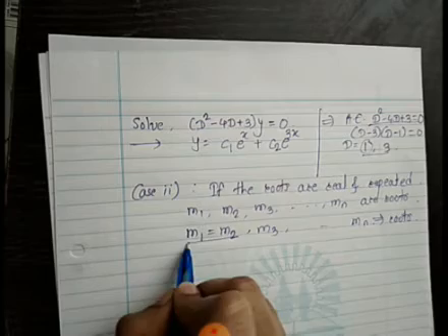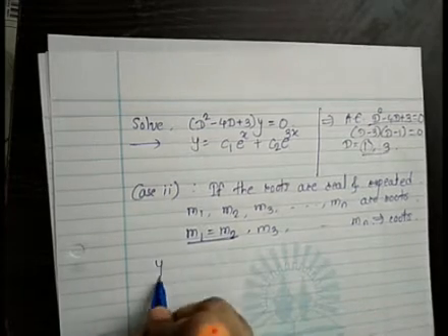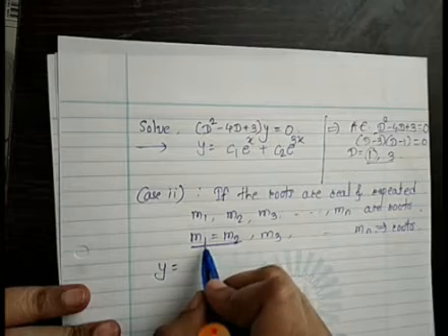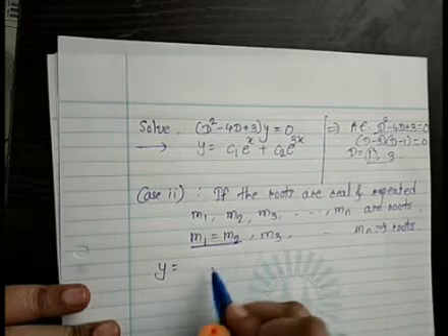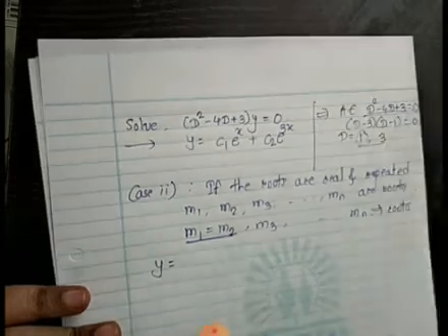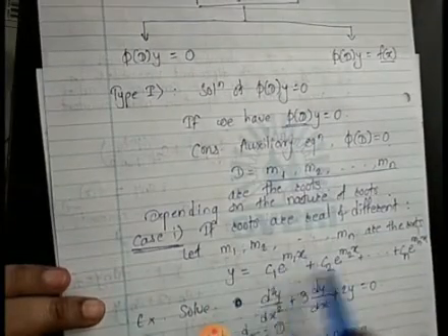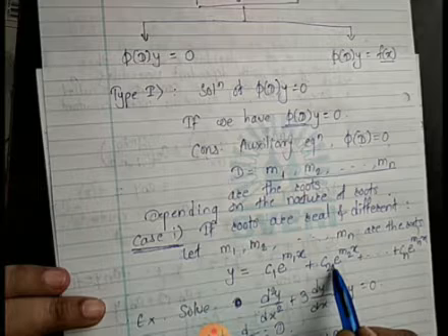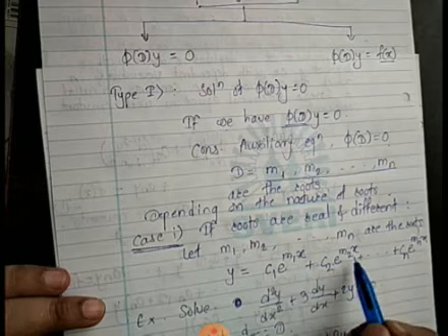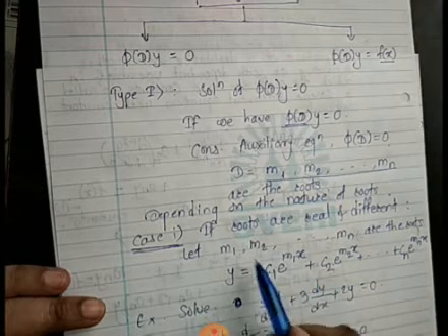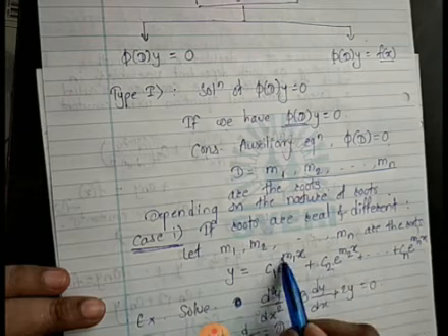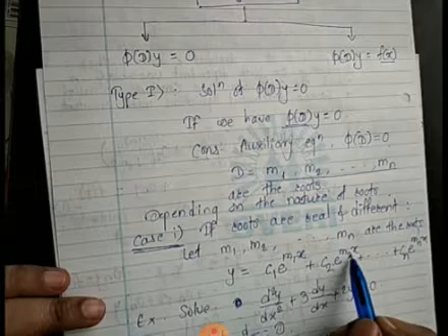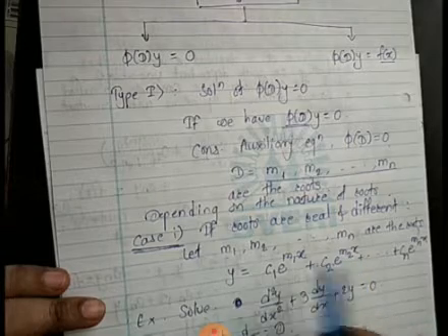If it is not repeating, we have to write one constant. If it is all different, not repeating, then we give one constant to everyone and they are in the power of e separately. But what is the case now? m1 and m2 both are same. So we are not going to repeat e^(m1 x) again, as m1 is same as m2.